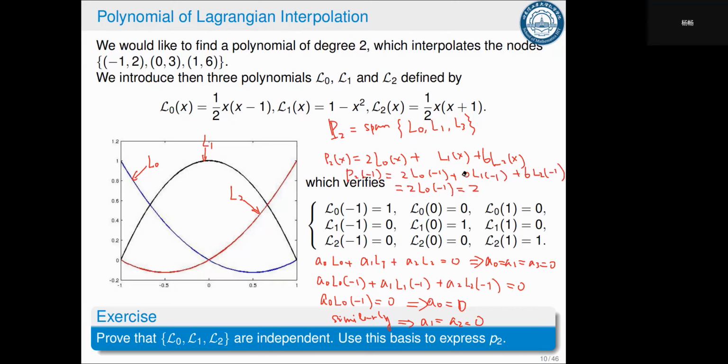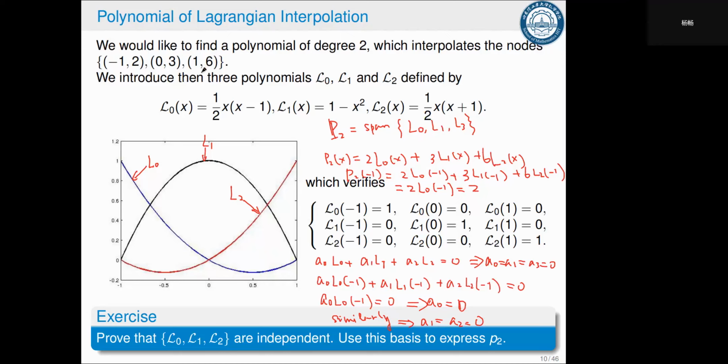This is not 0, this is equal to 3. So you find that the P2 defined here really verifies this point interpolation condition right here.